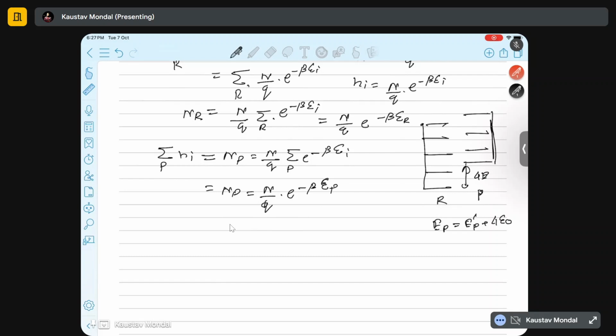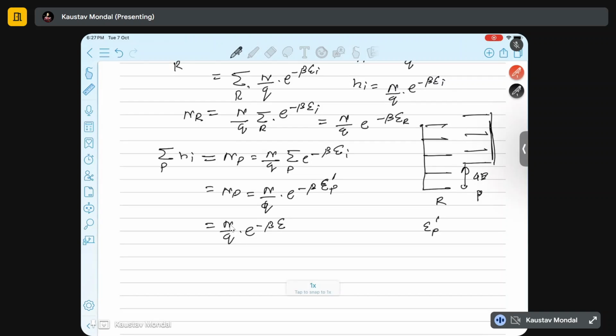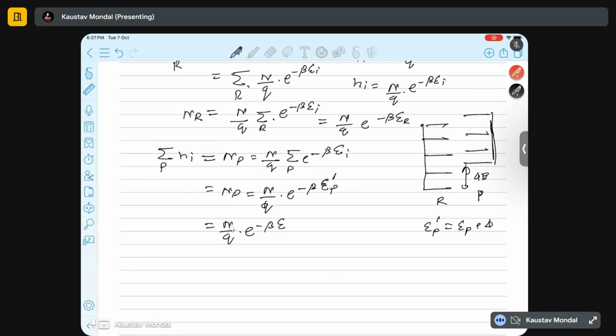Because the total energy is shifted by delta E, if we started from the energy that is leveled with the reactant molecule, then that term would be EP prime, right? So we can write this as N by Q into e to the power minus beta. EP prime equal to EP plus delta E0.